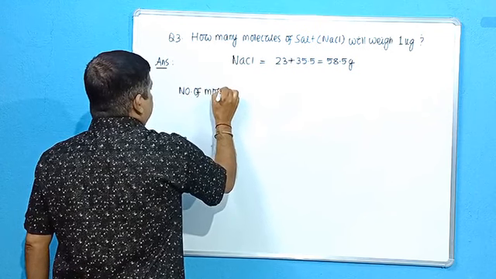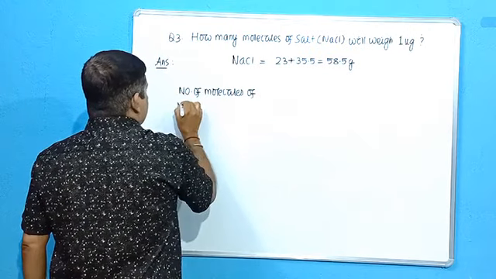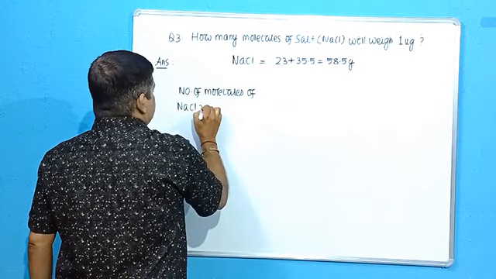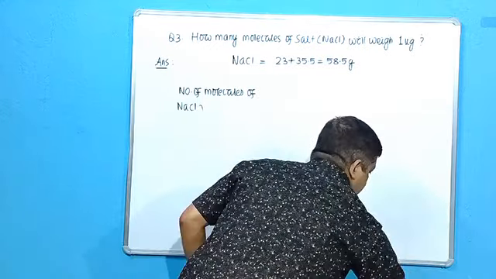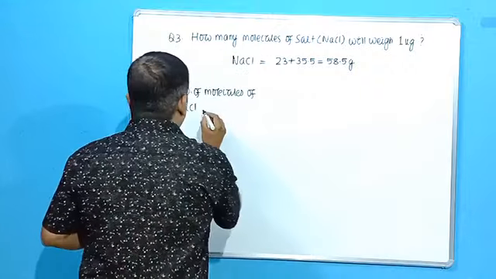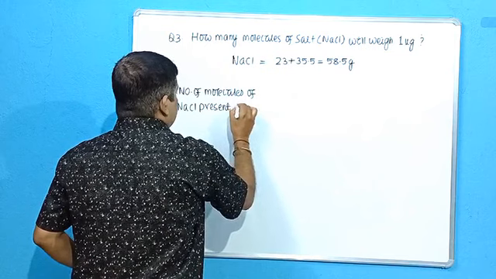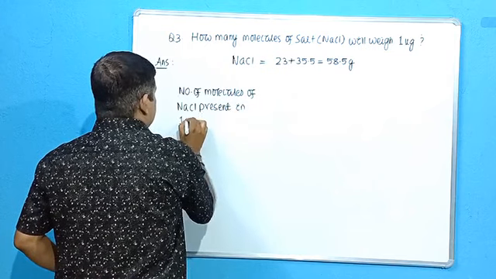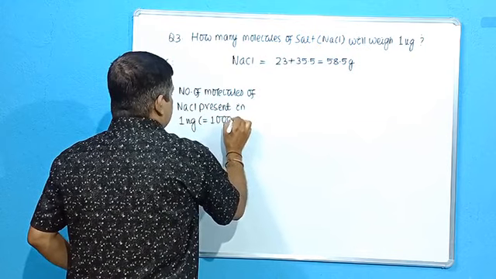What I am telling, the number of molecules of NaCl present in 1 kg. Right? 1 kg means 1000 gram.